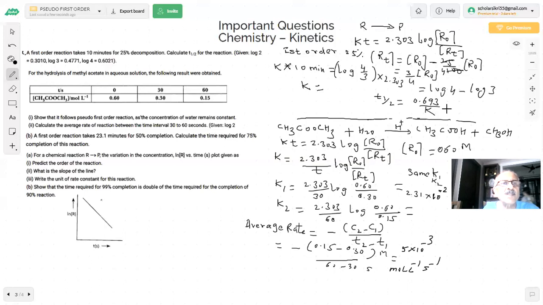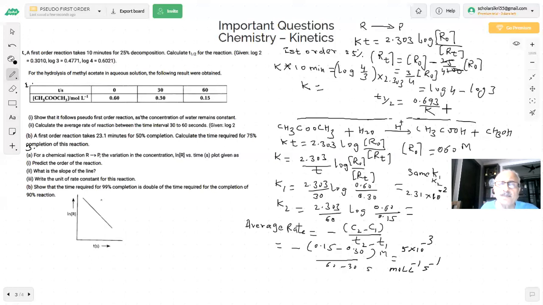What is the next question? This was my question number 2. This we have done. Question number 3, what does it say? For a chemical reaction R to P, the variation in concentration of ln R versus time plot is given. Again, I am giving you questions which have been asked in the paper.